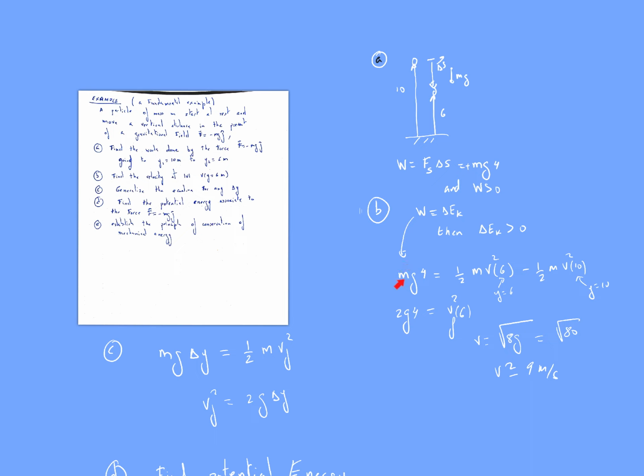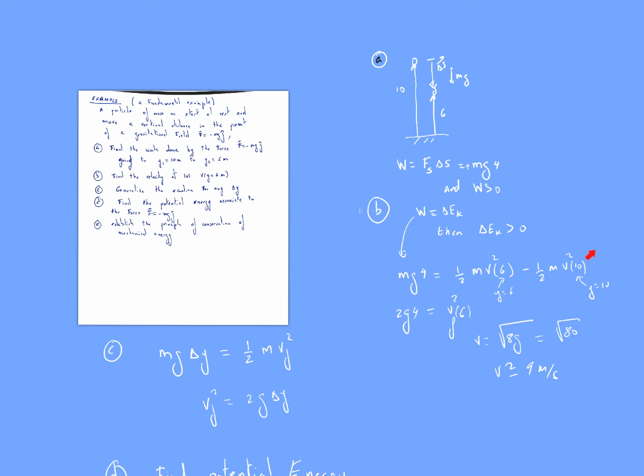You put the mass, you put g, and you put 4, and you obtain a number. This number is the change in the kinetic energy, which is 1/2 m v squared at the final position, when y equals 6, minus 1/2 m v squared at the initial position, when y equals 10.